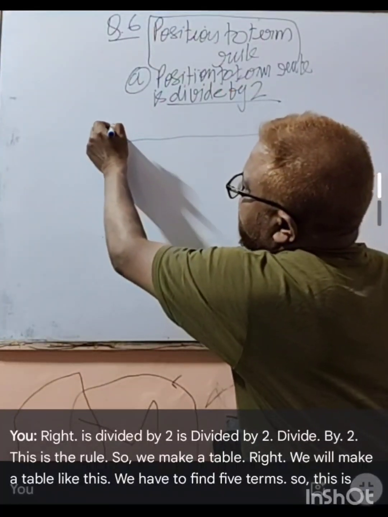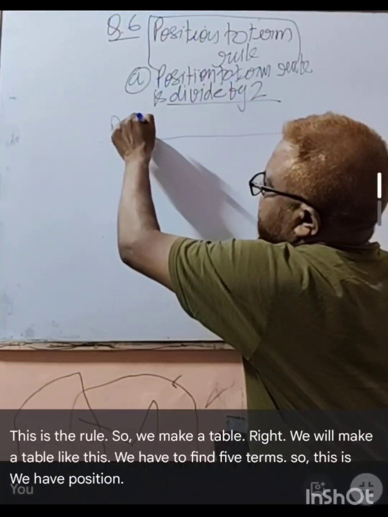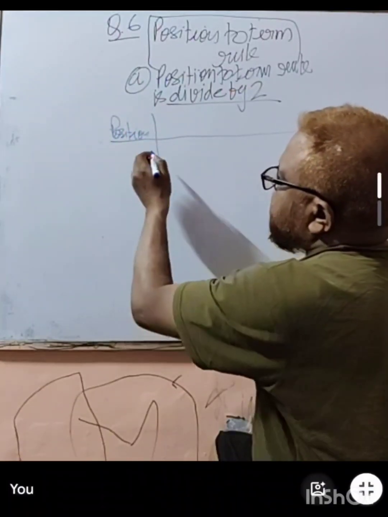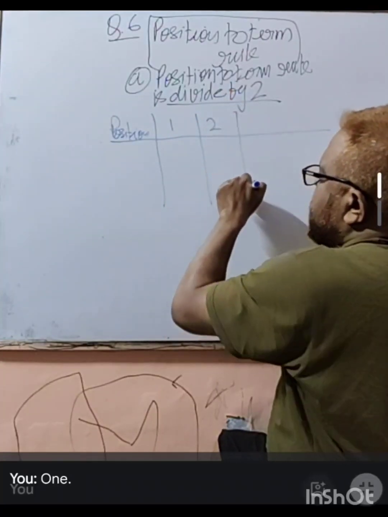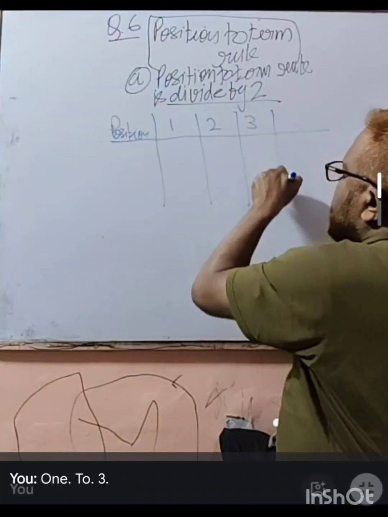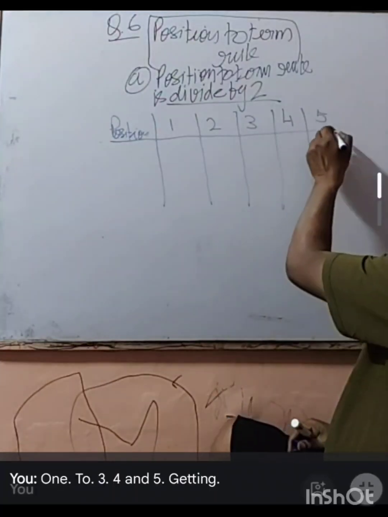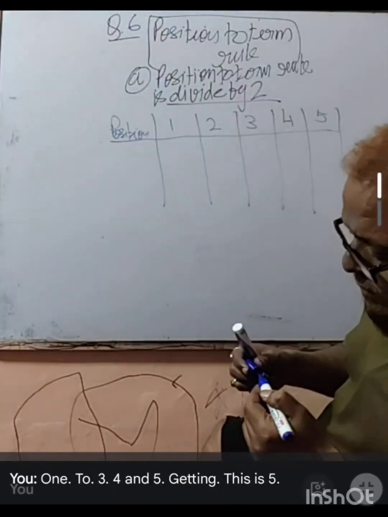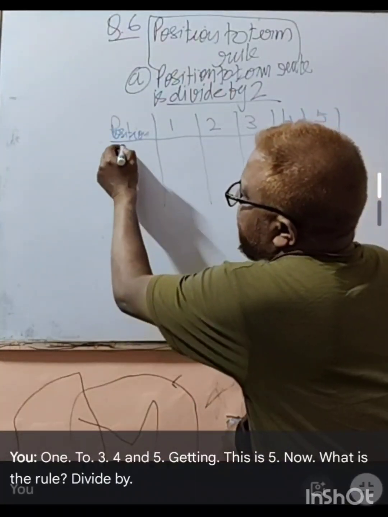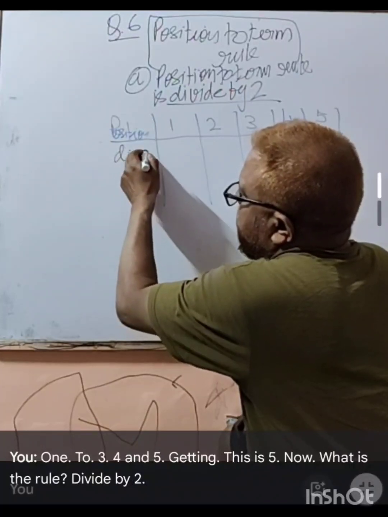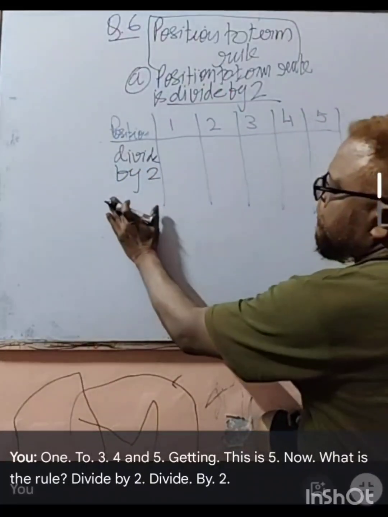So we have position 1, 2, 3, 4, and 5. Now, what is the rule? Divide by 2.